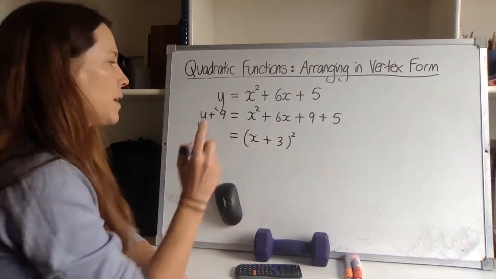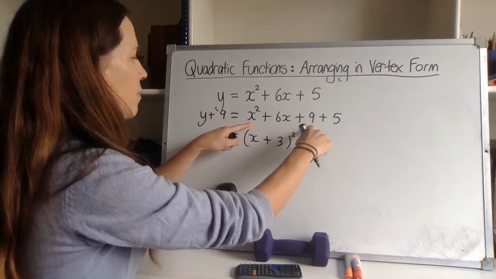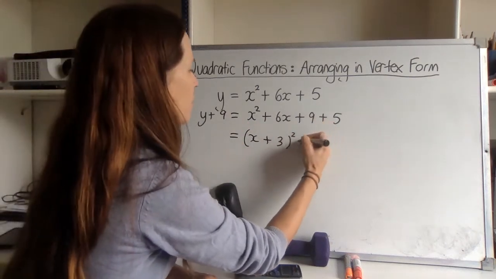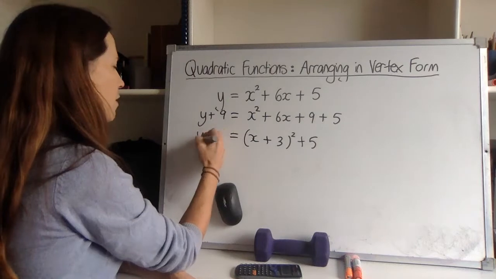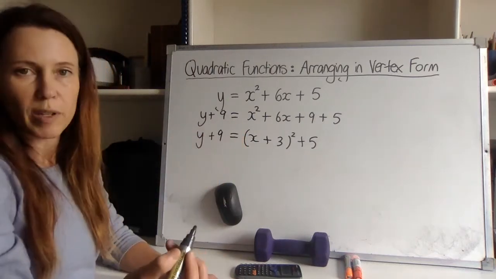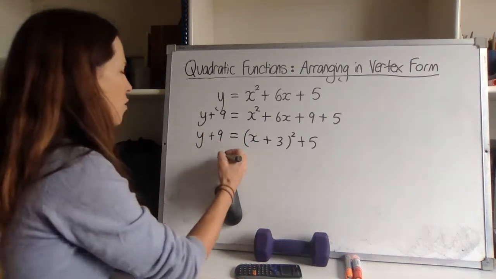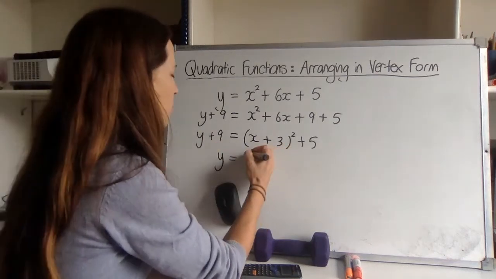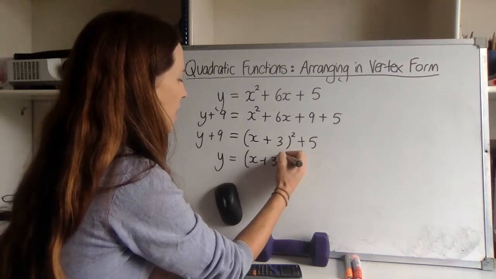Okay. Now, you can see that these three terms are taken care of here. And here you have your plus 5 sort of hanging out the end there as a leftover, and over here you've got plus 9. Now it's almost in vertex form, but you want to get your y on its own again, so you can subtract 9 from both sides, and that will give you that minus 4 on the end.